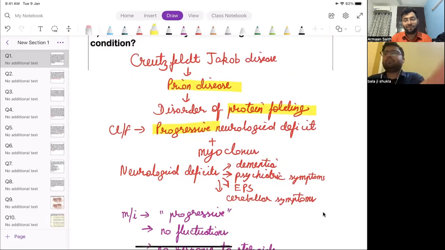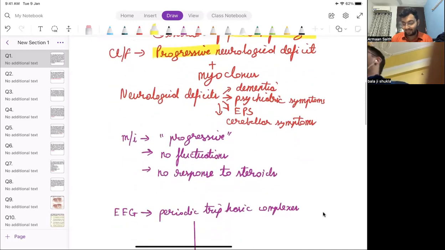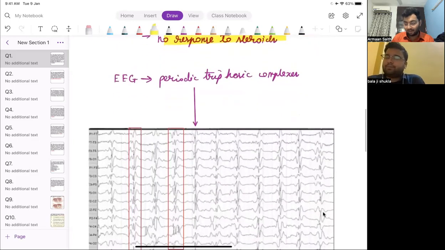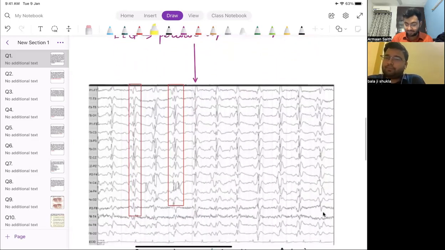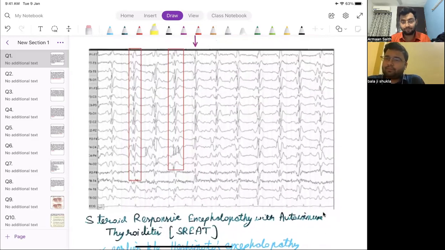Neurological deficits may be dementia, psychiatric symptoms, extrapyramidal symptoms, or cerebellar symptoms. But as I said, the most important term is progressive. And there are no fluctuations and there is no response to steroids. The EEG in this patient reveals periodic triphasic complexes. As you can see in this EEG, there are triphasic complexes.